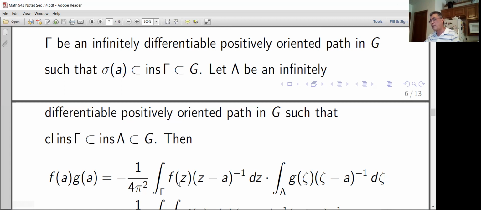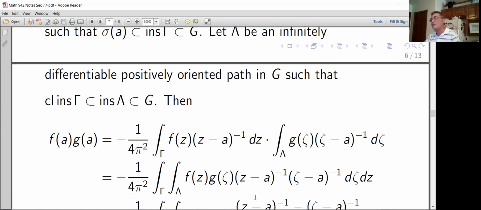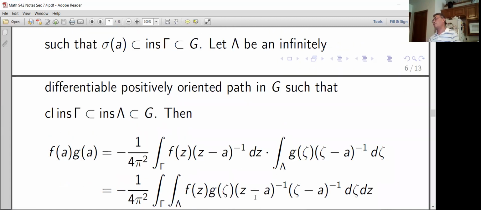Then we are going to write this as an iterated integral.